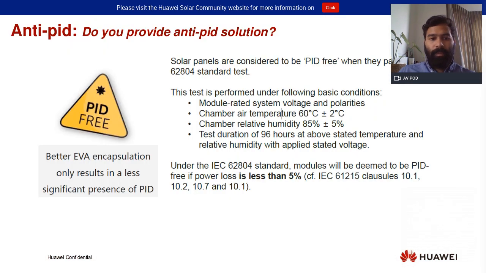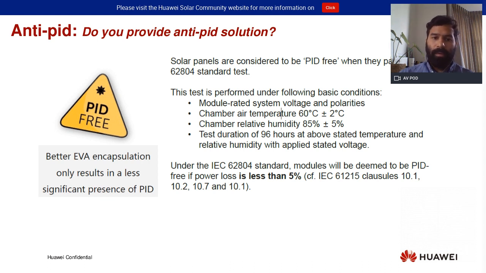So, some information on PID cables. Also a very common question: do we have an AntiPID solution? The answer is yes. But before, I want to discuss a little bit on what AntiPID free actually means. Most of the modules in the market that claim to be PID free are based on the IEC 62804.